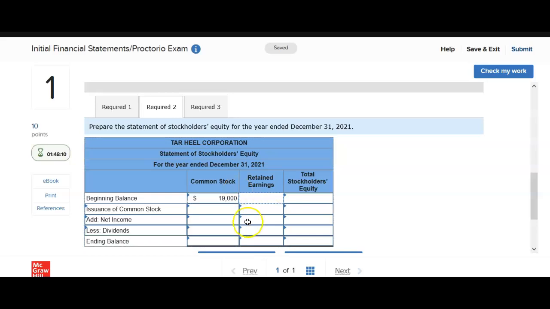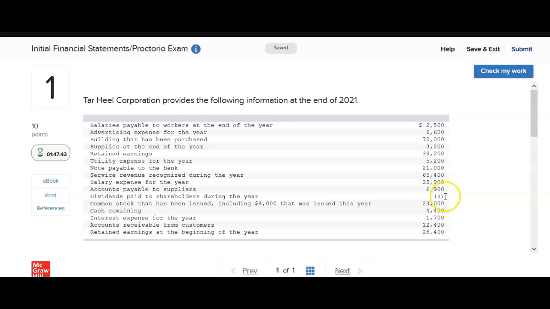Hit enter. And then I'm going to go straight down. I filled these in automatically to save time. We're going to have issues of common stock. And remember, that was $4,000 they told us. And then in this column, we do not add net income. We don't take away dividends. And so the ending balance is that $23,000 that is right here.